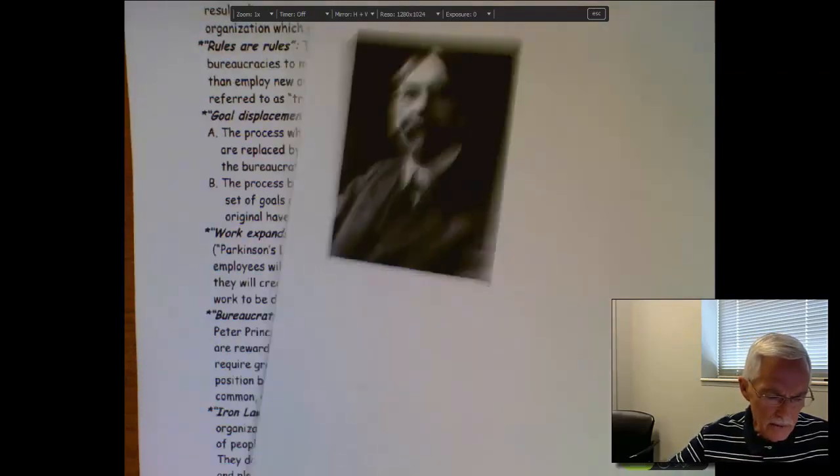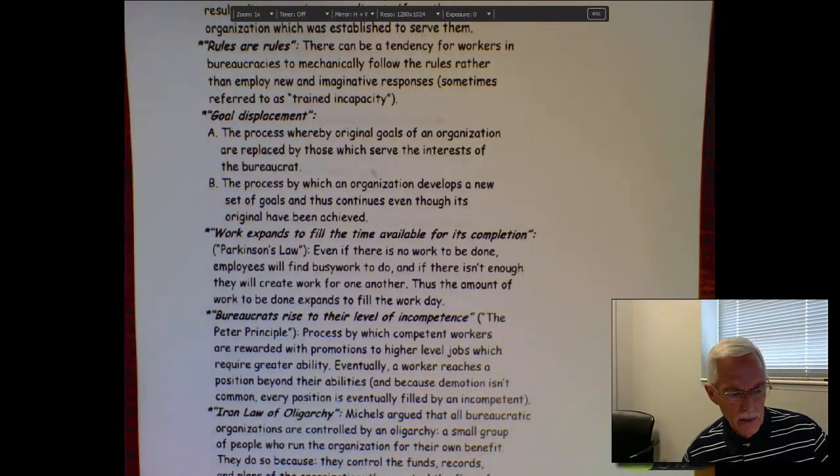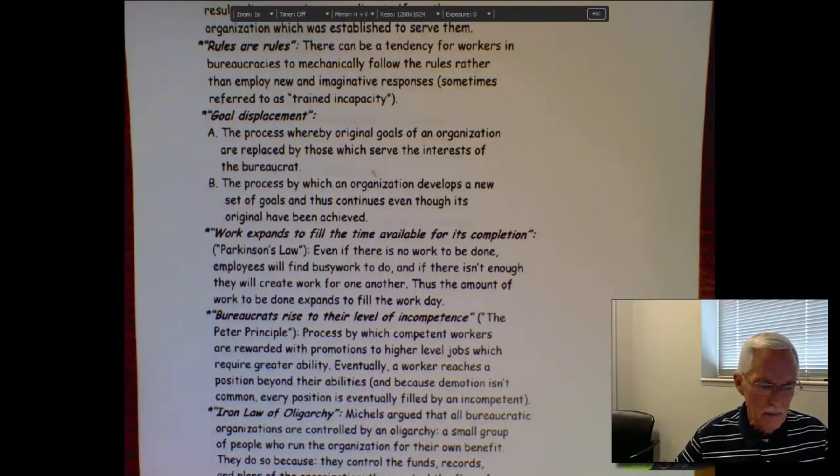What he basically implied is that bureaucrats tend to mechanically follow the rules. They may have real difficulty employing new, imaginative, and creative approaches and responses to situations and circumstances. His argument was that ritualism can literally produce inefficiency.